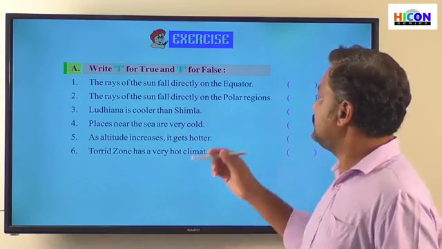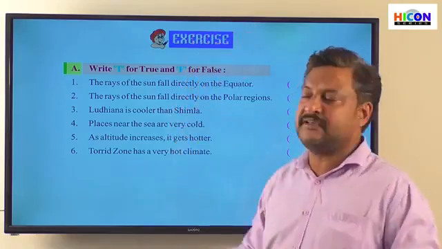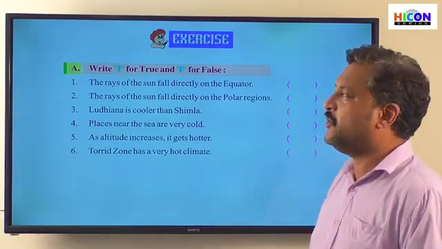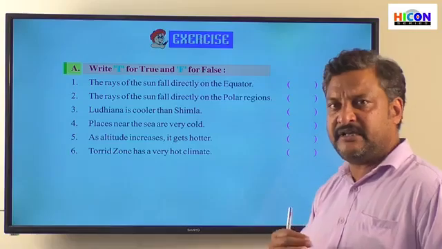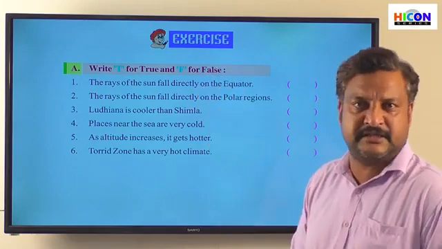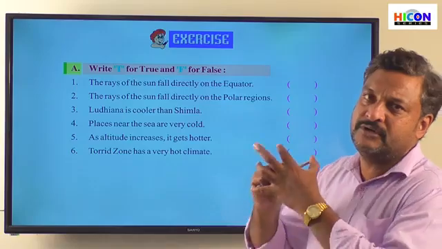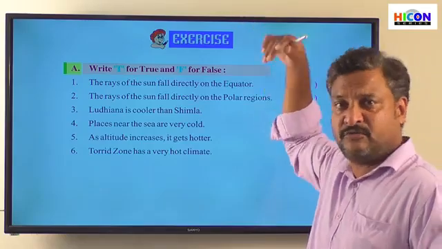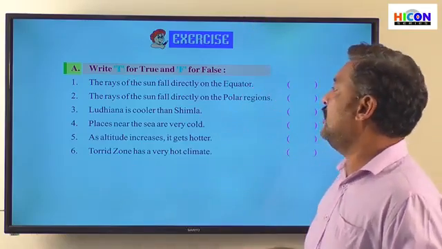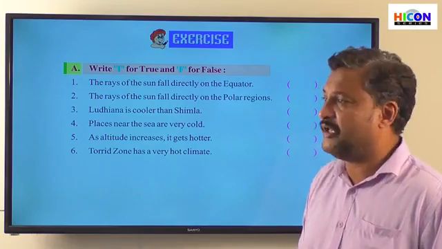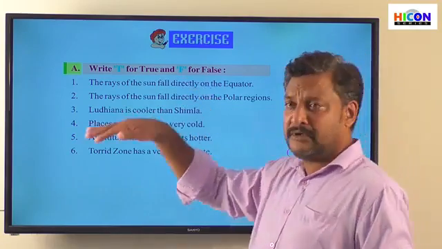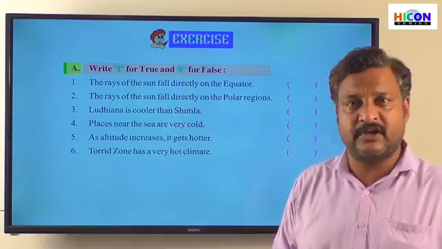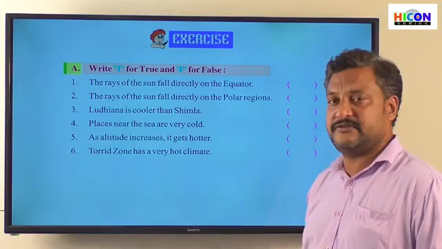As we go high in altitude, the temperature decreases, isn't it? So Shimla, being at a higher altitude, should be cooler. Ludhiana is not cooler. Ludhiana is warmer than Shimla because it is located at a lower altitude. Okay? So the answer is false.